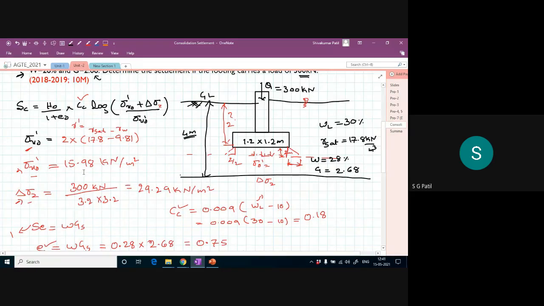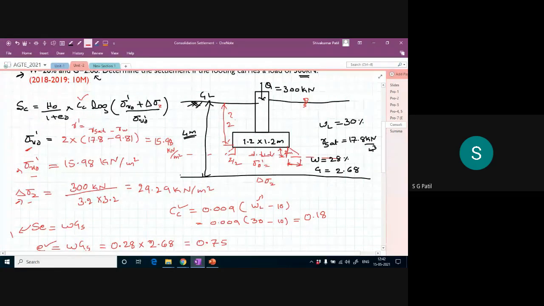That is the initial vertical stress. How much do you have here? Sigma V naught is around 15.98 kilonewton per meter square. Okay, so that is my sigma V naught.